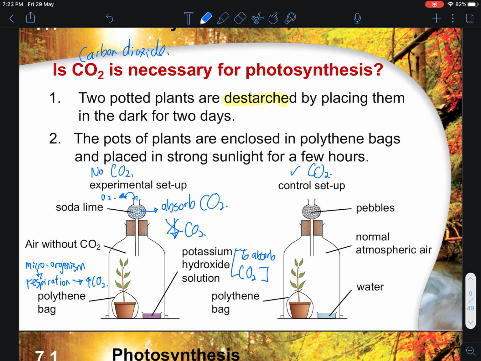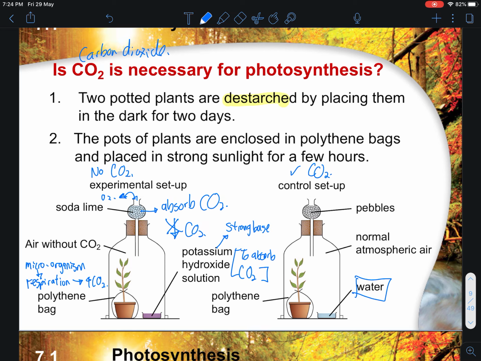If any goes in, the carbon dioxide gas is absorbed by your potassium hydroxide solution, as compared to water, which doesn't react with it. Potassium hydroxide solution is a very strong base.